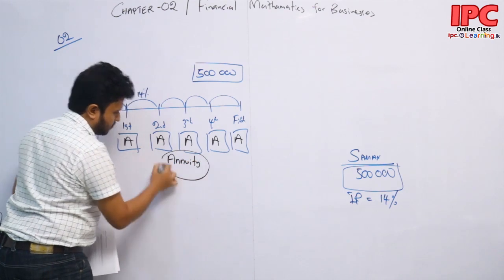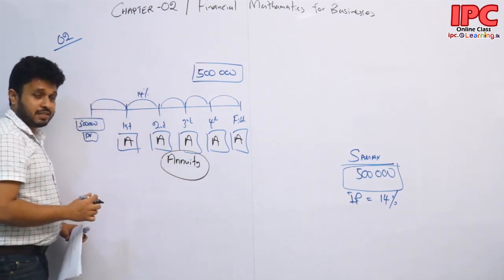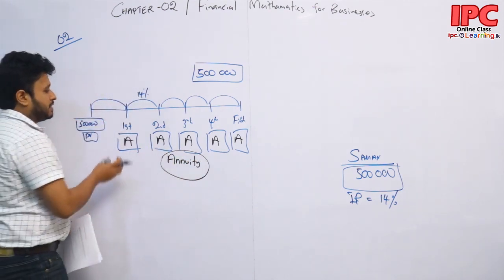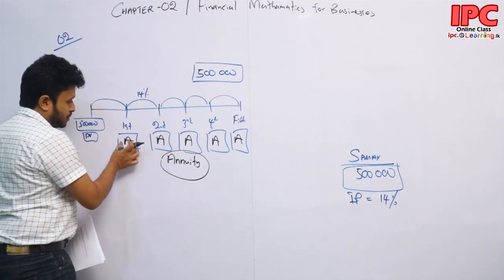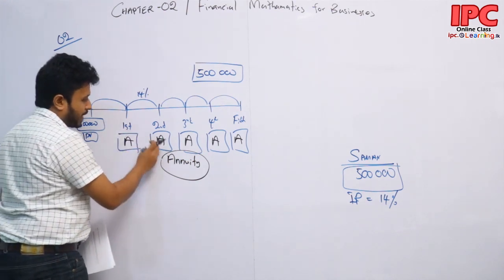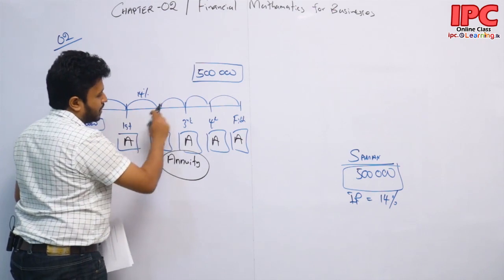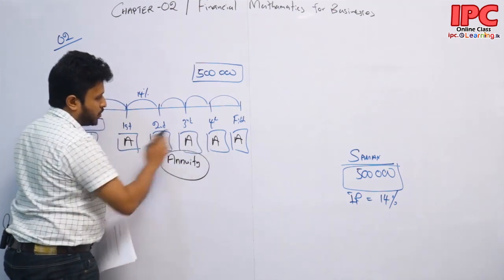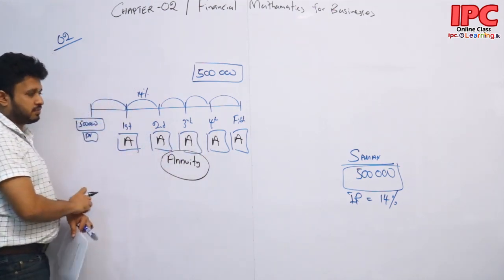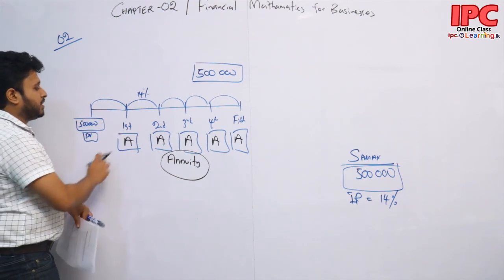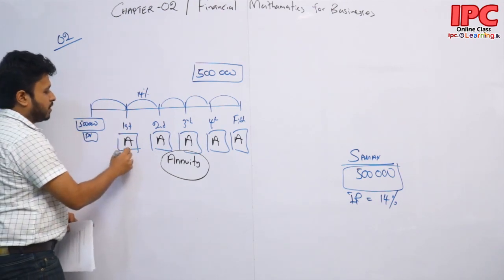So here the annuity is unknown, and we have to find it.